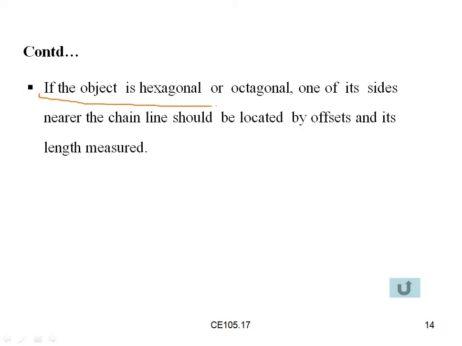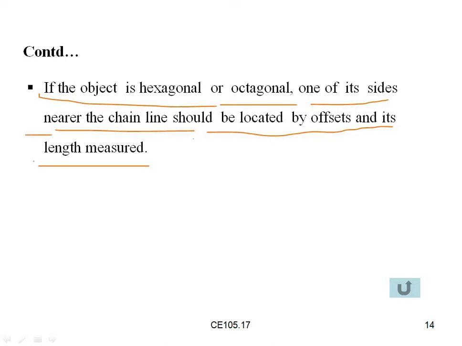And if the object is hexagonal or octagonal, one of its sides nearer the chain line should be located by offsets and its length measured. So whether it is round, hexagonal or octagonal, one of its sides nearer the chain line should be located by offsets and its length measured. Suppose this is the hexagonal.